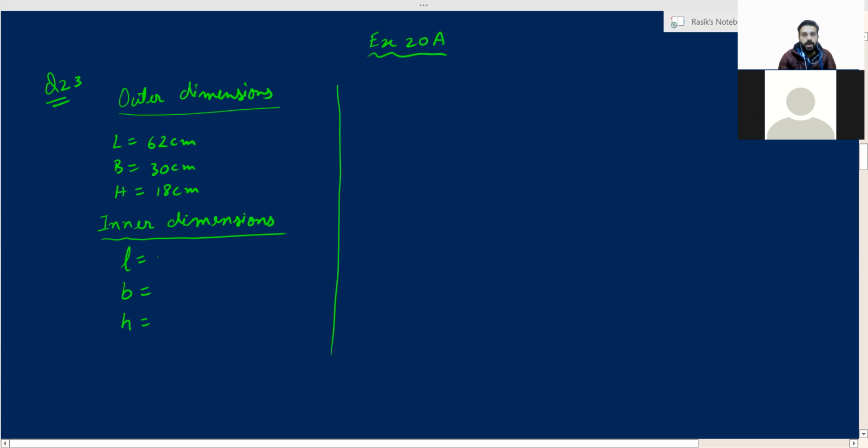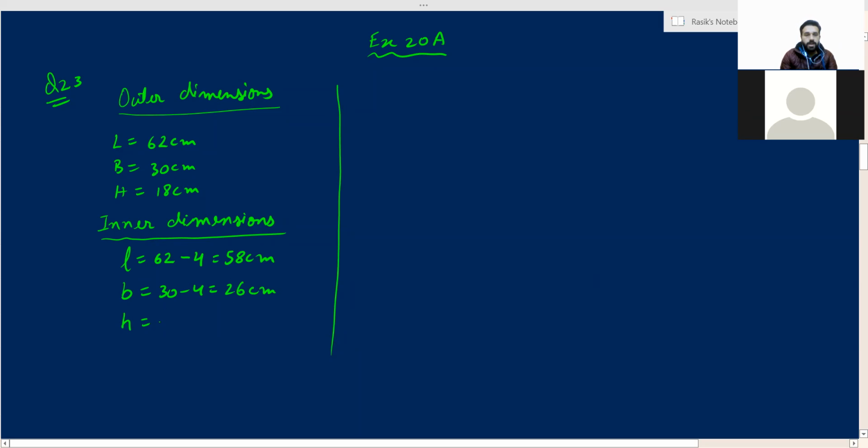So to find the inner length, you will subtract 2 centimeters from the left side and 2 centimeters from the right side, both the sides. That means in all you have to subtract 4. You get 58 centimeters. Inner breadth 30 minus 4, again 2 centimeters from both the sides, that means 26 centimeters.